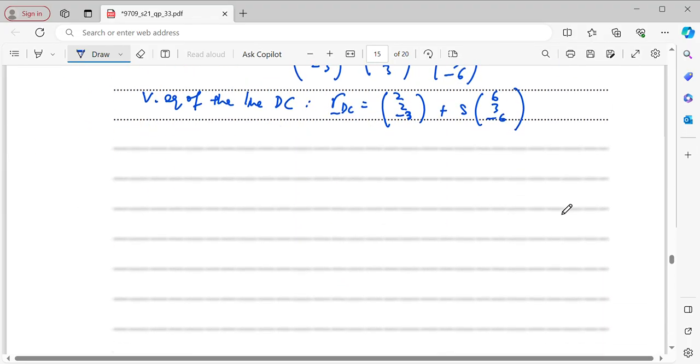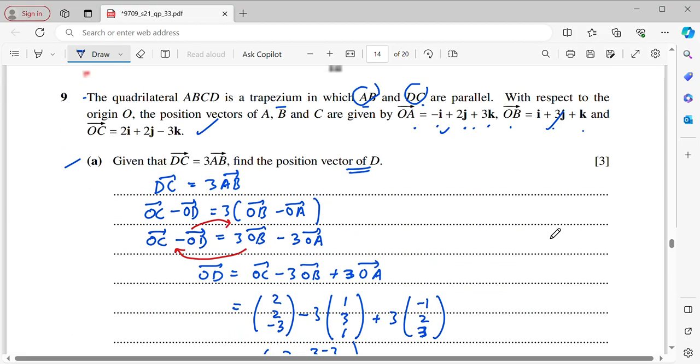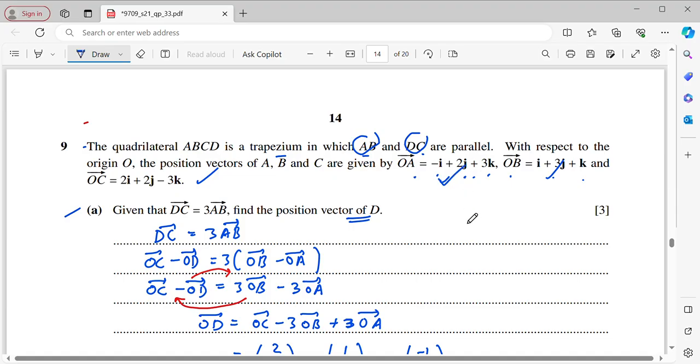That means now I need to get AP dot DC equals to 0. So before that, I need to get what is my vector AP first. So that is the OP minus OA, which means I will be getting 2 plus 6S, 2 plus 3S, minus 3 minus 6S, minus my OA will be minus 1, 2, 3.